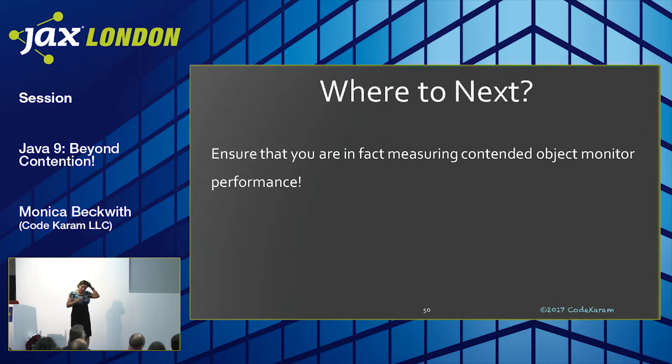The second thing is, I got the workload and I know what I'm stressing, but I have to make sure that I am in fact stressing what I think I'm stressing, right? I'm going to stress contended object monitors. And remember, I was talking about the optimizations in the JVM to avoid going down the slow path.